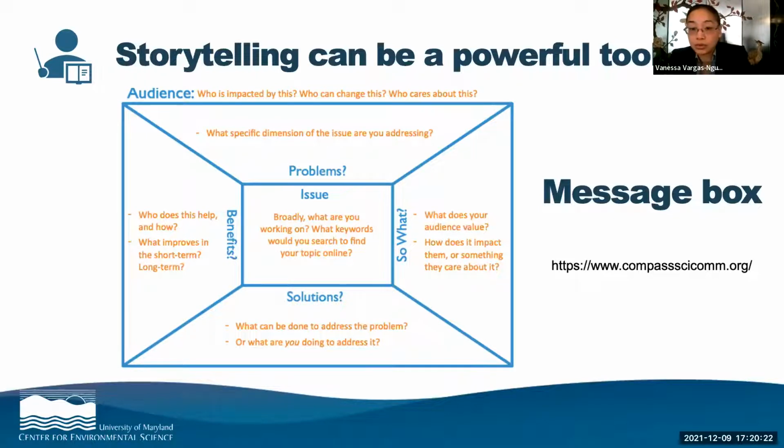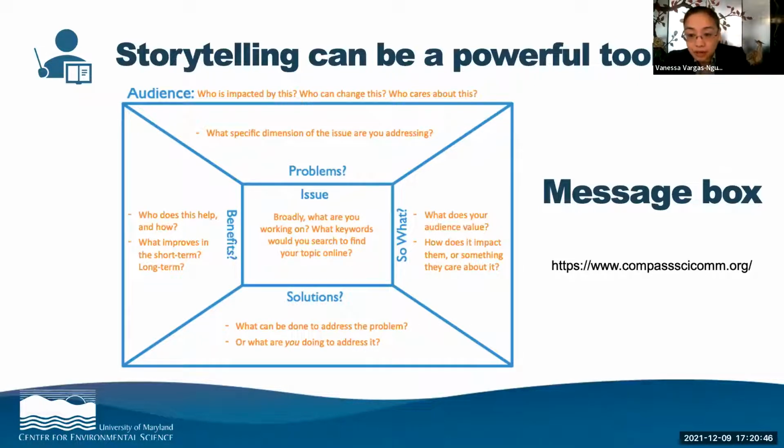One effective tool to organize science communication is called the message box. A workbook is available online from the Compass Science Communication group that can guide you through this process. If you follow this message box, you can basically make a story out of your research.